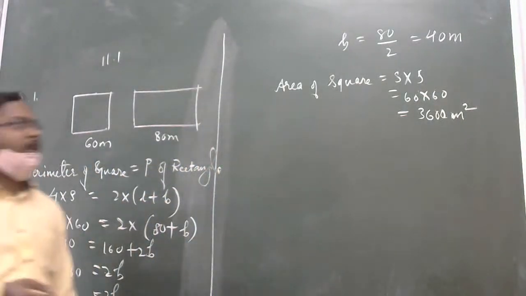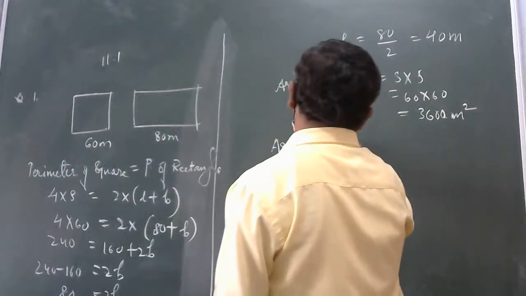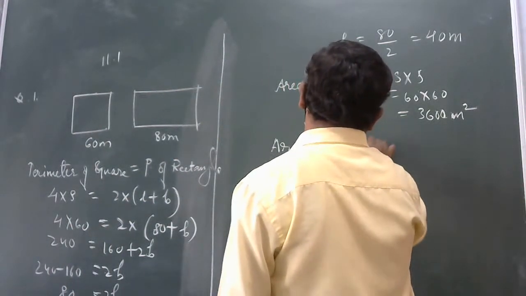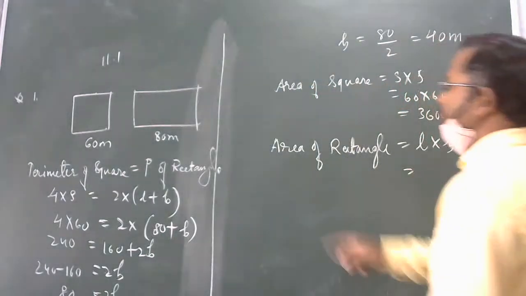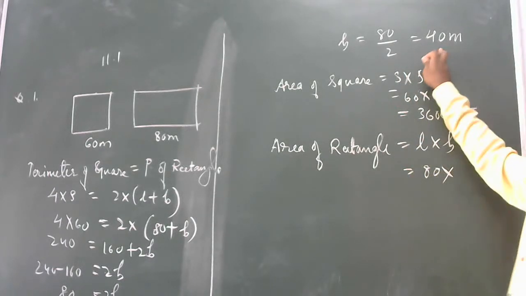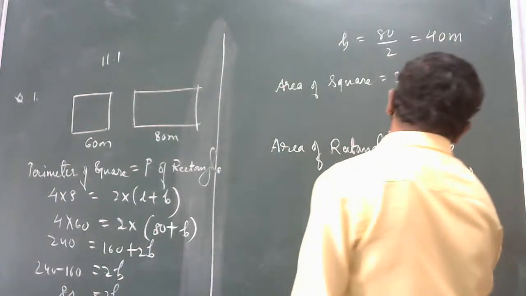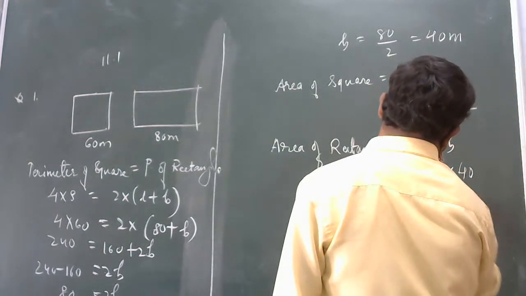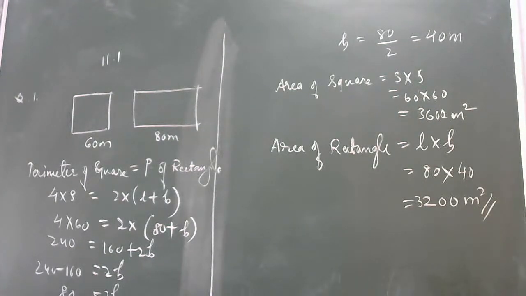The next one is area of rectangle. It will be length into breadth. The length is already given in the figure, that is 80, and the breadth we just found is 40. So how much will you get? 3,200 meter square.